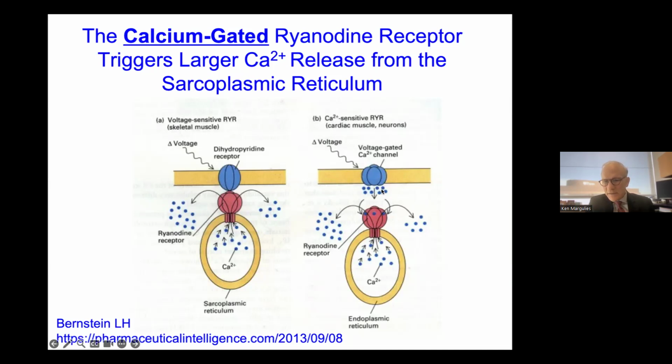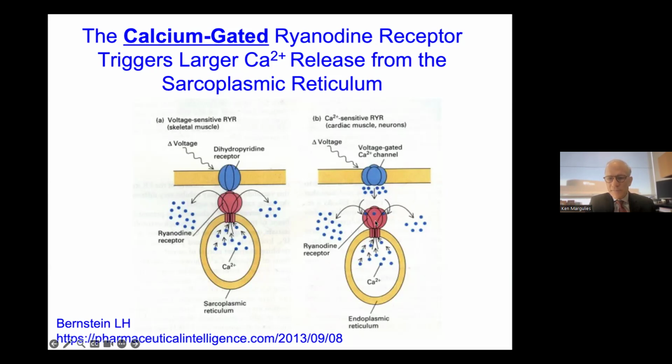It releases a relatively small puff of calcium in this confined space that we call the dyadic space, the dyad being the L-type calcium channel and the ryanodine receptor. That small amount of calcium released in that localized area triggers opening of this calcium-sensitive channel, and it's a calcium-sensitive calcium release channel. And again, that's the ryanodine receptor.